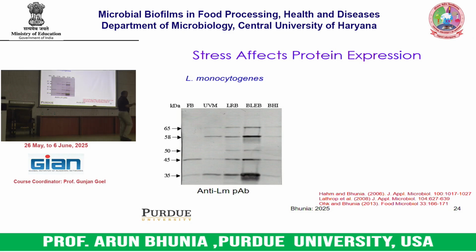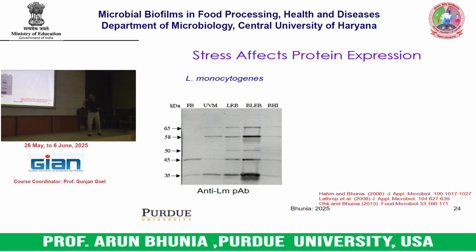That's some studies. And if the organisms undergo stress, I mentioned that sometimes they don't produce certain proteins. So this is a clear example, a very simple example though. If you take Listeria monocytogenes and all of these media, I'm not going to name all of them, Fraser broth, UVM, all of this, all this media has certain antibiotics. Different levels, different antimicrobial agents. Everybody clear? Now I grow them. Let's look at their protein profile.